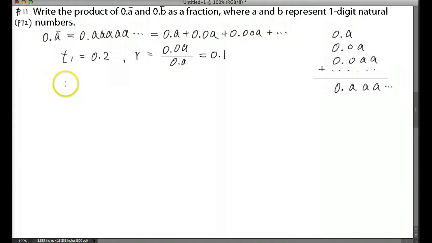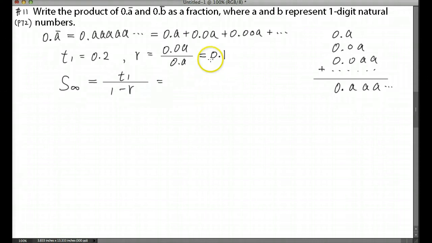This is an infinite geometric sequence if you look at each term, but if you add them together, it's called an infinite geometric series, and with r less than 1, we should have a finite sum. So now when this goes forever, we can add each term together using this formula, T1 over 1 minus r.